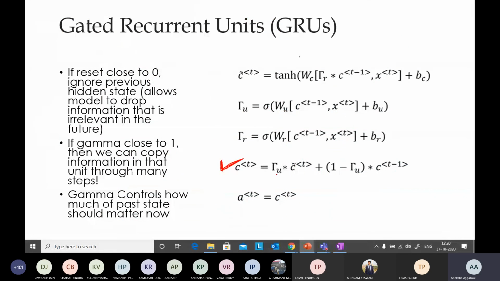It says that if the gate value is equal to 0, the new cell state would be the same as the previous cell state. And if it was 1, this would be the updated cell state. I hope this is clear from this equation: if we put the gate value to 0, this portion would be reduced, and vice versa.